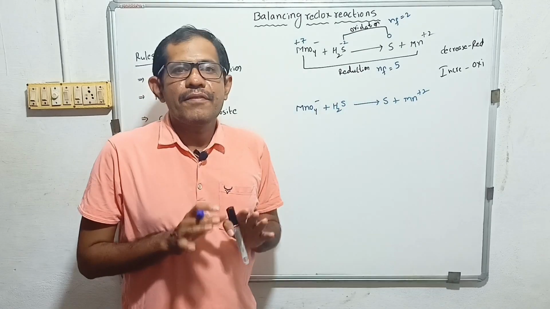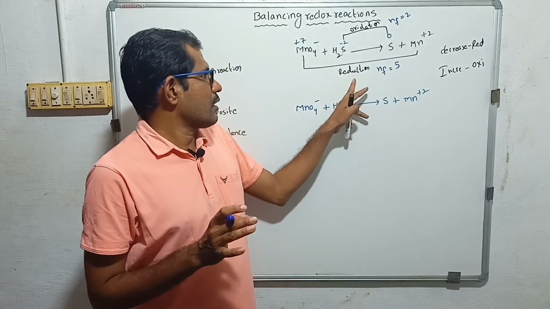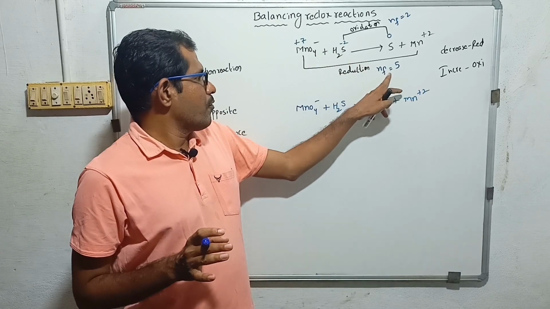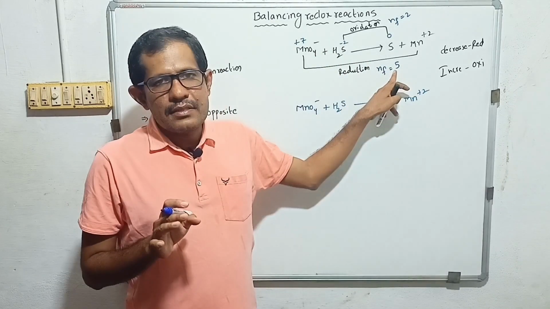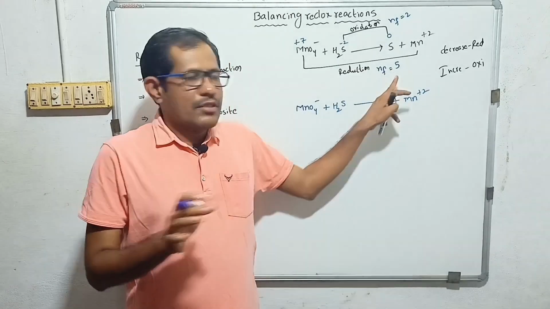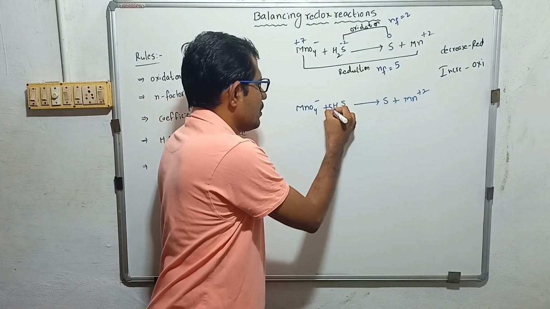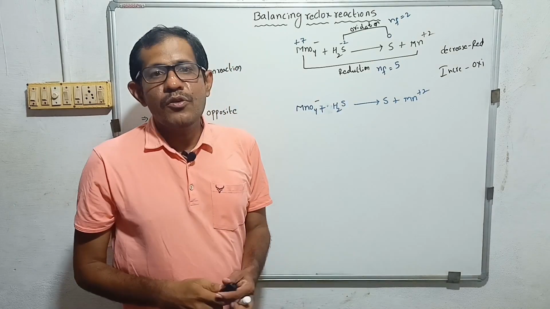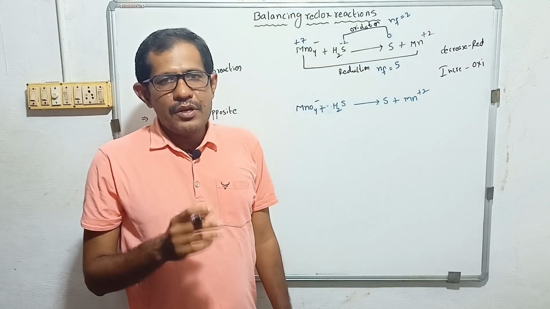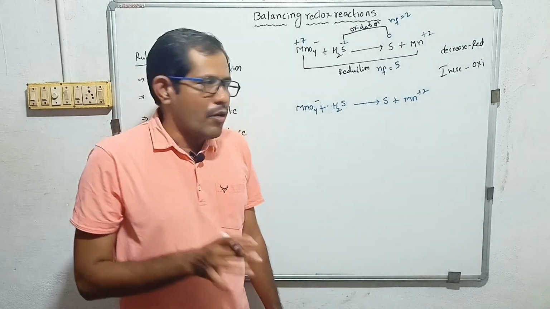Next find the n factor. So here for MnO4 minus the n factor is coming as 5. Give this n factor to the H2S. I told you we need to assign the stoichiometric coefficient oppositely.